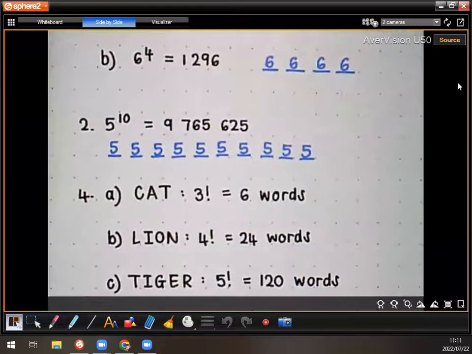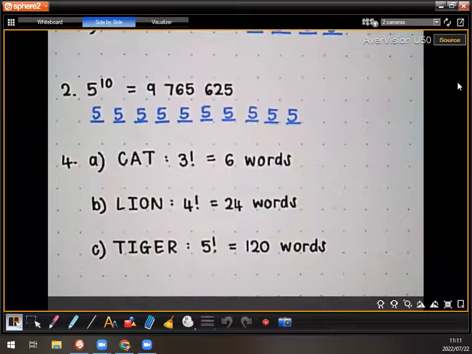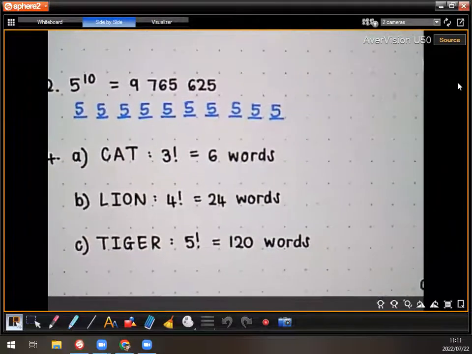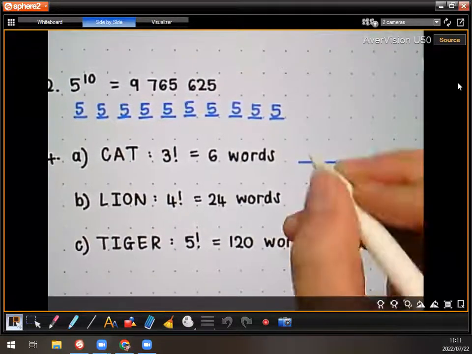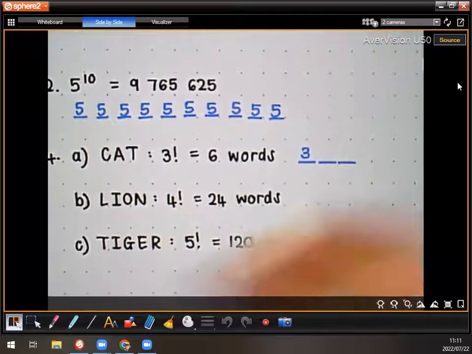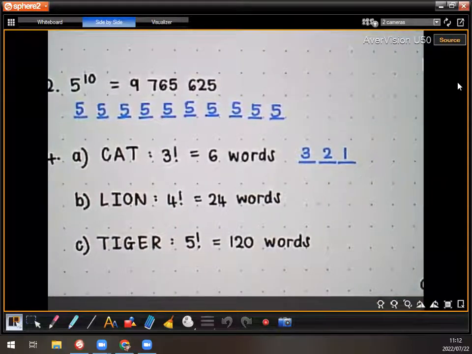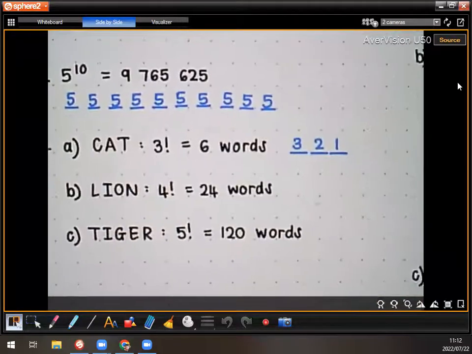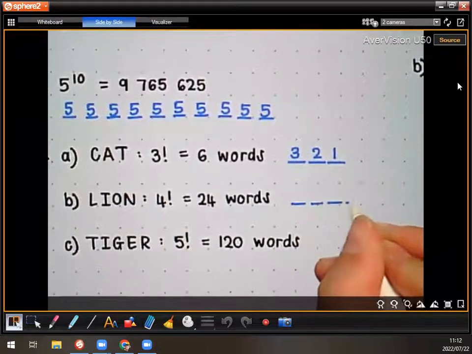Okay, so for 4A, I would just say 3 factorial, right? Because there are 3 letters. So you have your 1, 2, 3 slots. There are 3 options for the first slot, the first letter, and then 2, and then 1. And for the next one, for lion, there are 4 letters to choose from.